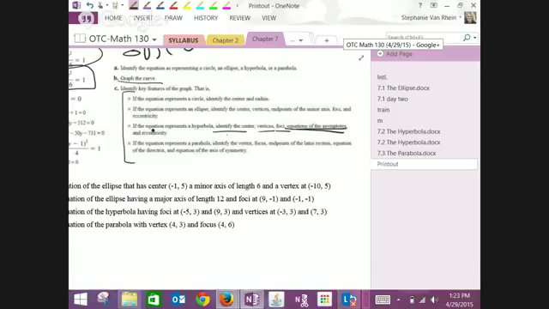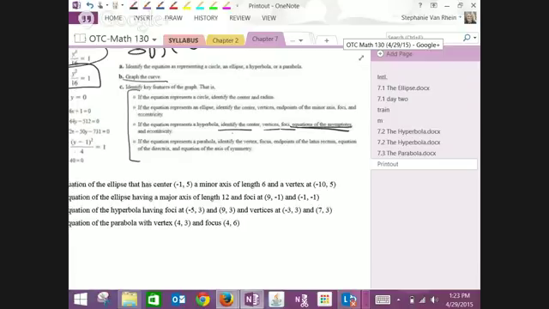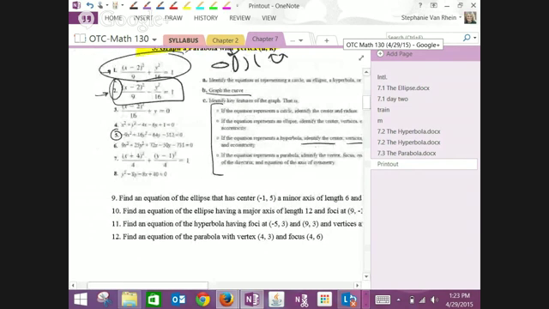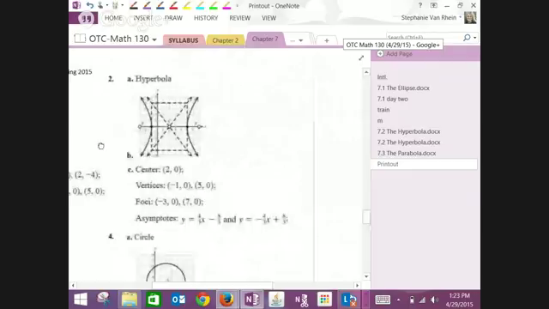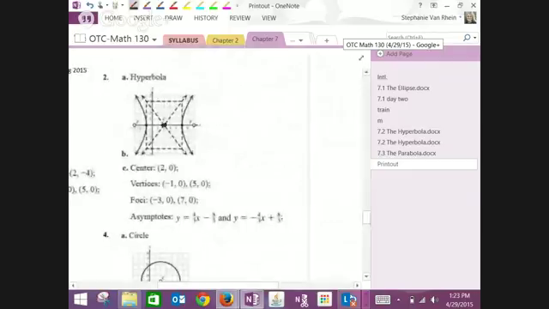But if we look at the answer to number 2, that comes from graphing it. The center was at 2, 0. Pretty easy to see from that. The vertices are going to open left or right.